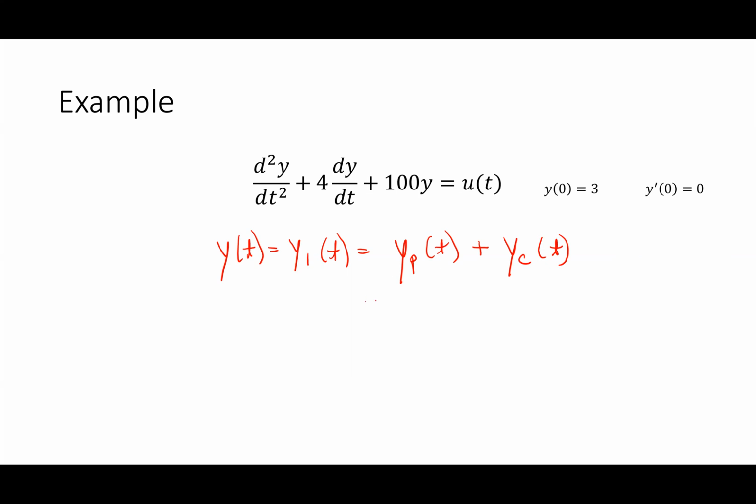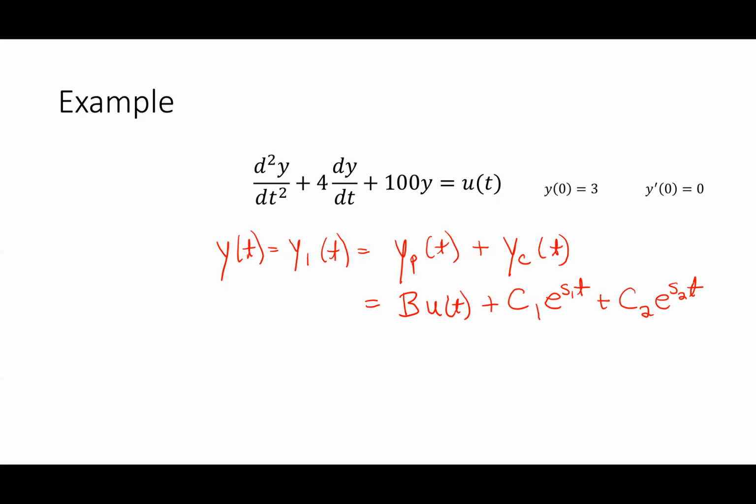In this case, it's some constant b, I don't know what that is, times u of t, so it's some constant after t equal to 0. Because it's a second order equation, I know my transient response is going to have two exponentials: c1 e to the s1 t plus c2 e to the s2 t. That's my complete solution, and it's going to have that form.